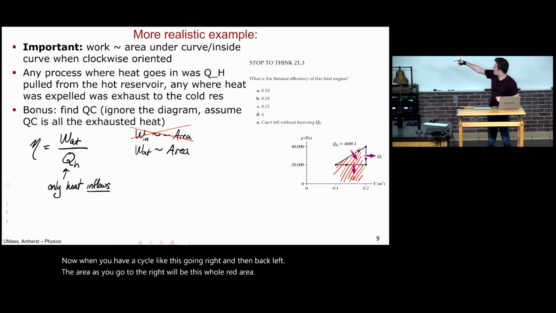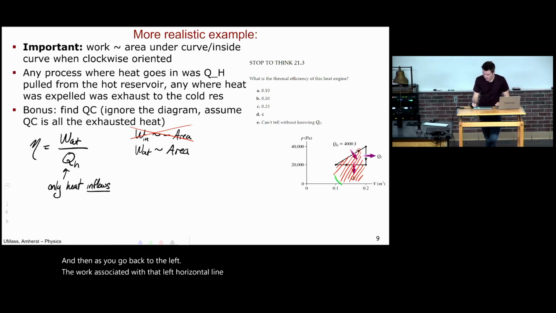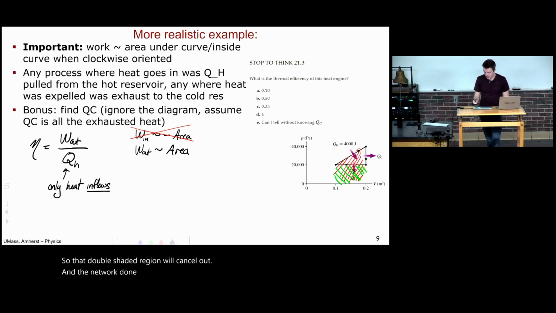And then as you go back to the left, the work associated with that left horizontal line will be negative of this green area. So that double shaded region will cancel out. And the net work done over the entire cycle is just going to be the area within this blue triangle itself, right? It's the enclosed area.